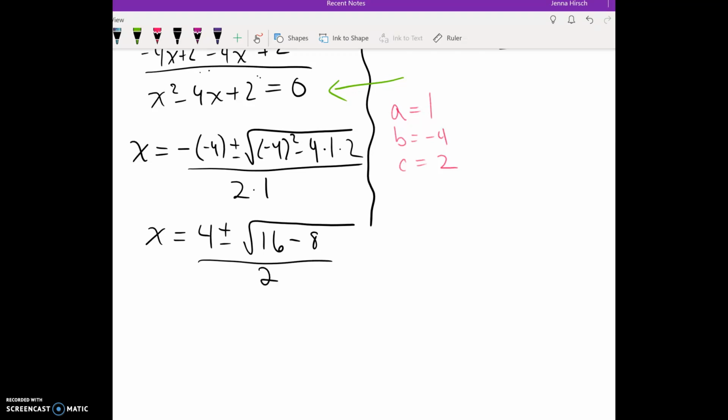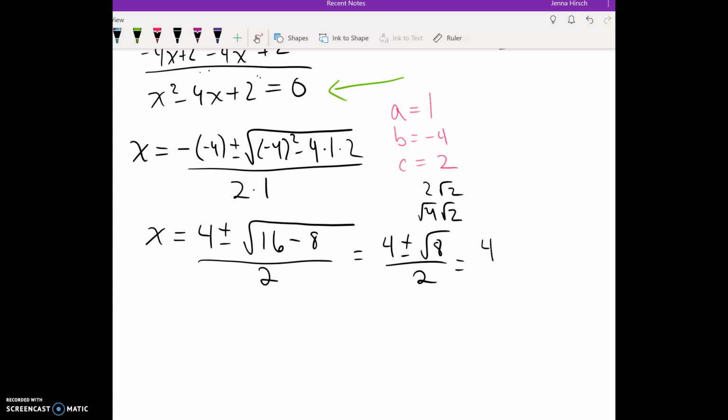And let's simplify as much as we possibly can on the inside of the radical. So this is the same thing as saying the 4 plus or minus the square root of 8 over 2. Right? 16 minus 8 is 8. And recall that we can simplify the square root of 8. That's the same thing as saying the square root of 4 times the square root of 2. And that's the same thing as saying 2 radical 2. So this is equivalent to 4 plus or minus 2 radical 2 all over 2.